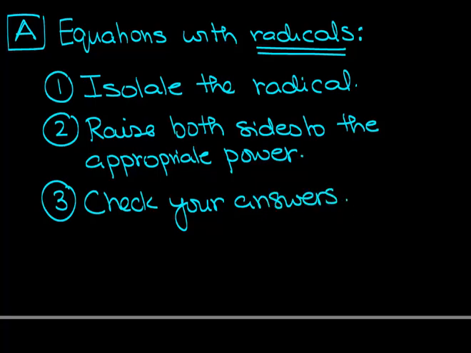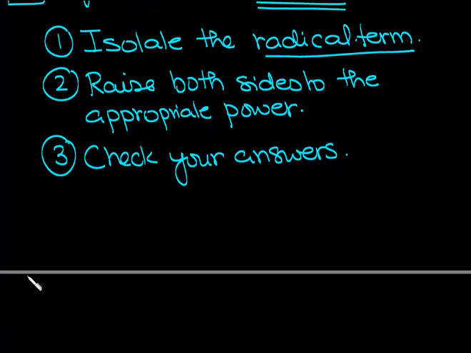So when we're solving equations with radicals, we always want to isolate the radical term. Then we want to raise both sides to the appropriate power, and I'll show you what I mean by that. Because it's an equality, whatever we do on one side, we want to do on the other side. Okay, and we want to check our answers.